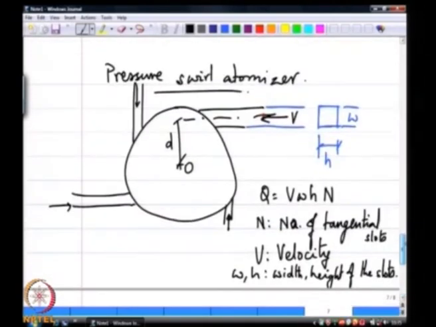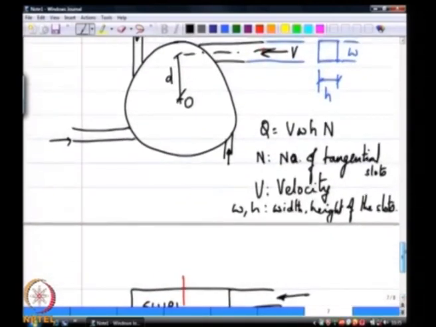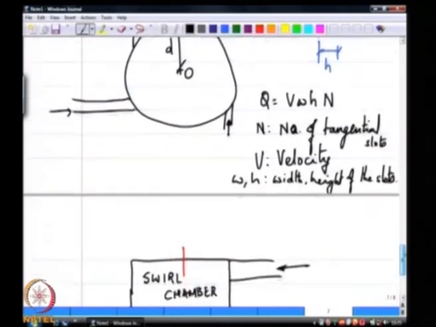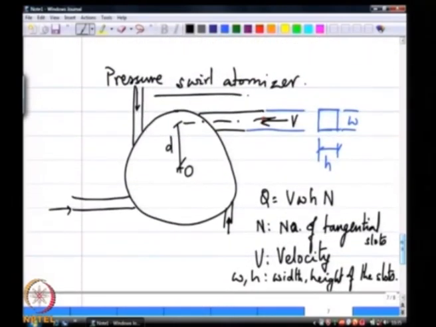So, if I look at what the possible velocity field here would look like inside, I am going to include this dimension r sub s as the radius of the swirl chamber.